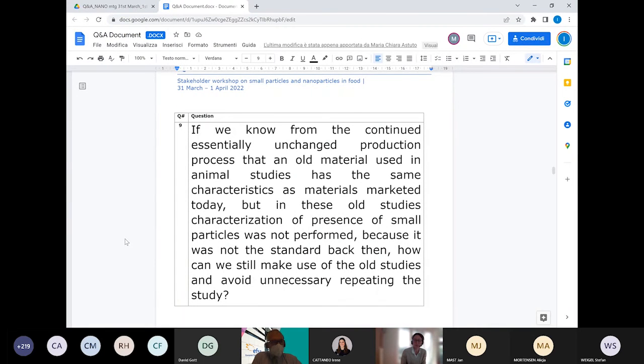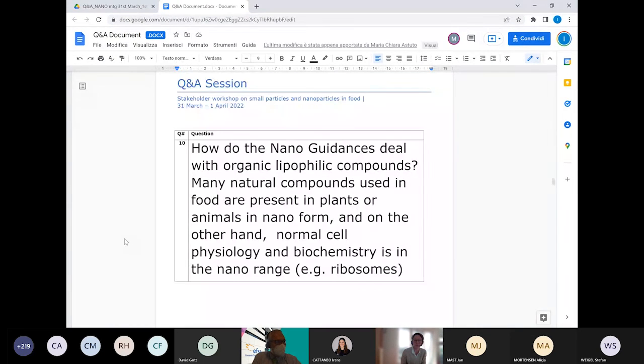So we can move to the next question that focuses on organic lipophilic compounds, and I will pass the floor to Kasim. Kasim, please. Thank you very much, Jose. I'll have to give a slightly longer answer and give a bit of background. It is true that most food materials are composed of fibers or particles and various sized colloidal substances.